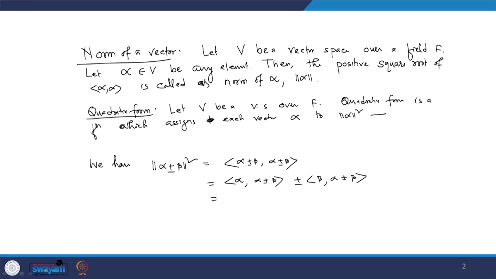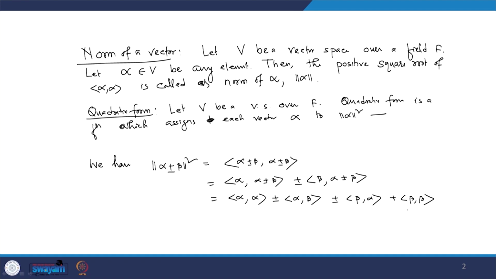So, this is equal to inner product of alpha, then plus minus, because the positive real number 1, I can take it out. So, plus minus inner product of alpha and beta, and then plus minus inner product of beta alpha, and then plus minus into plus minus, so it will be basically plus inner product of beta beta.